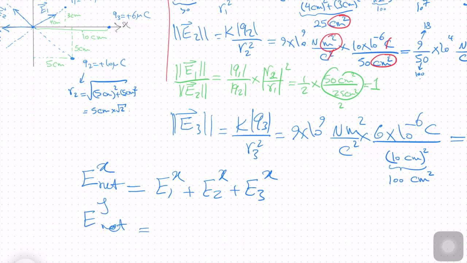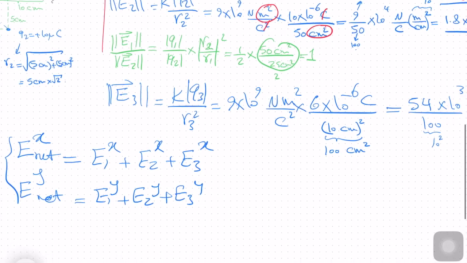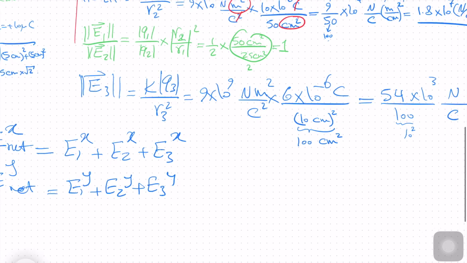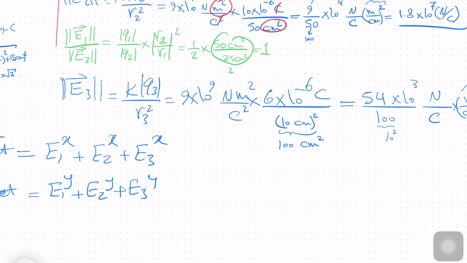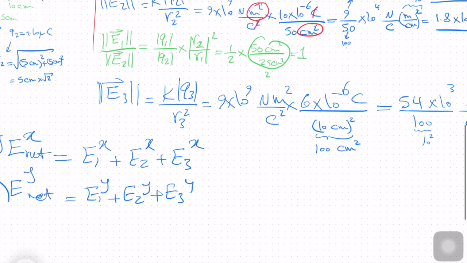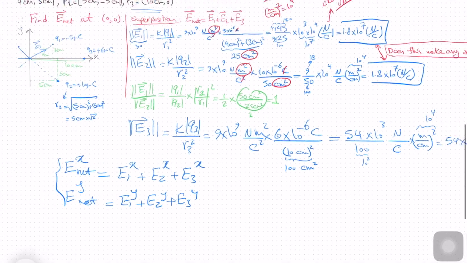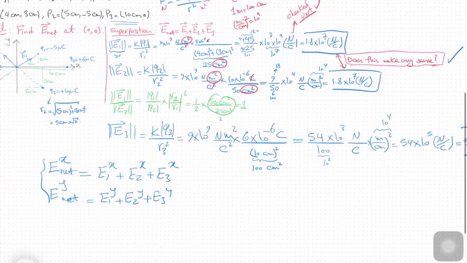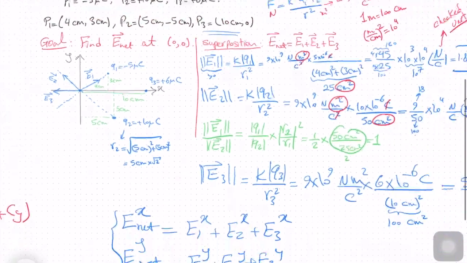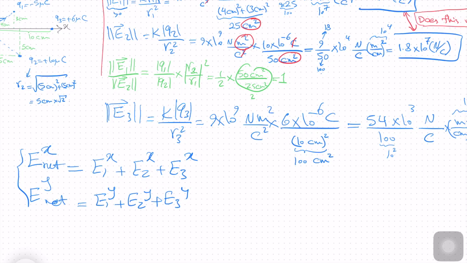And E net y is E1y plus E2y plus E3y. Okay, now what this means is you have to find 6 numbers in here. E1, E2, E3 in the x component and in the y component. So then you just start finding them one by one. Go ahead and pause the video if you know how to find these from the magnitude and the geometry of the problem.